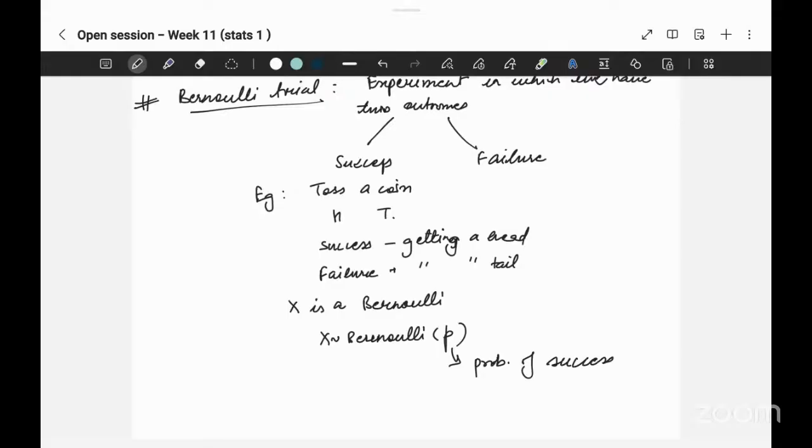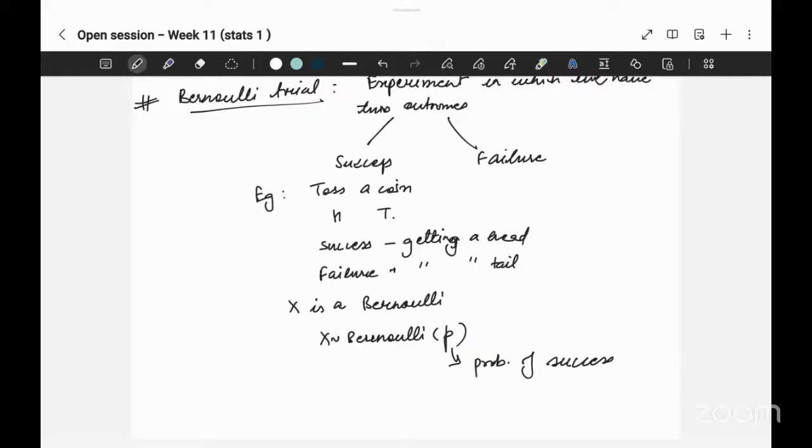This is how I denote a random variable with a distribution. I say that my X is following a Bernoulli distribution with parameter p. In the brackets, we generally write the parameter. So the parameter here for Bernoulli is p, which denotes my probability of success.